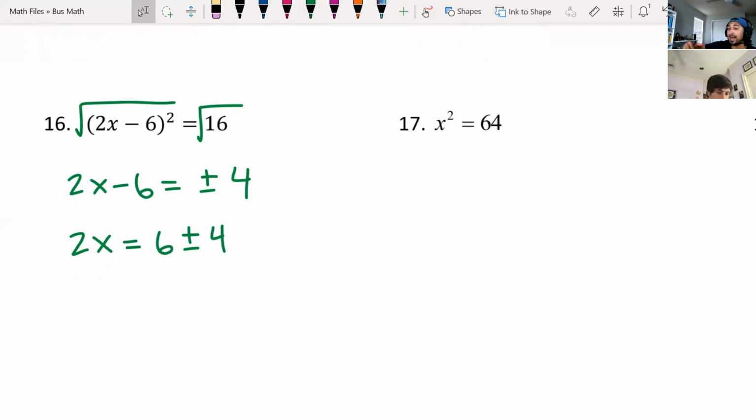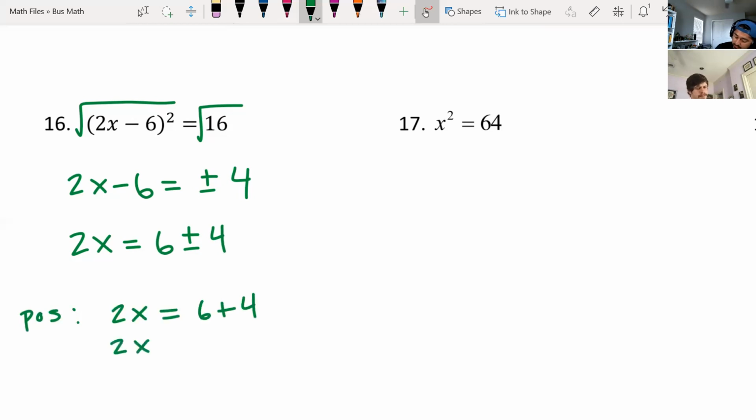You're going to have a positive one and a negative one. So here, let me say positive answer is going to be 2x equal to 6 plus 4, which will give me 2x equal to 10. If you divide by 2, you'll get x equals 5.